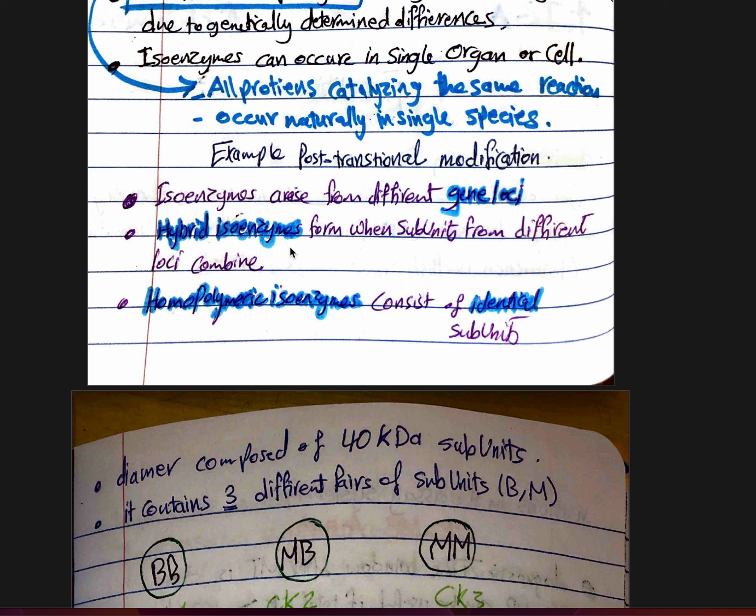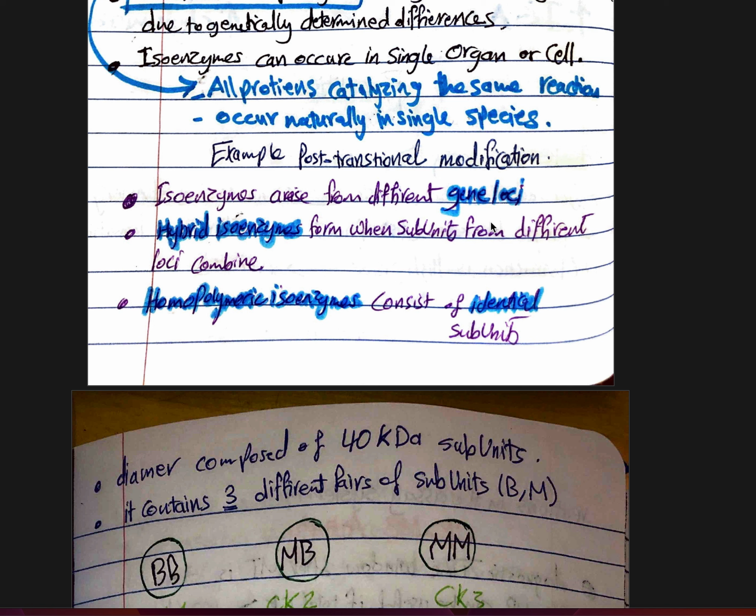But the question is, how can we memorize this? It actually doesn't need memorizing, we just need to understand it. Isoenzymes arise from different gene loci.